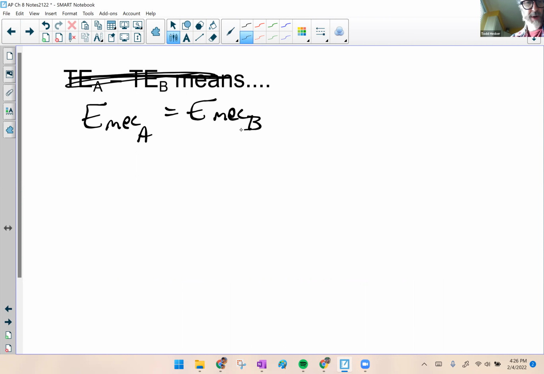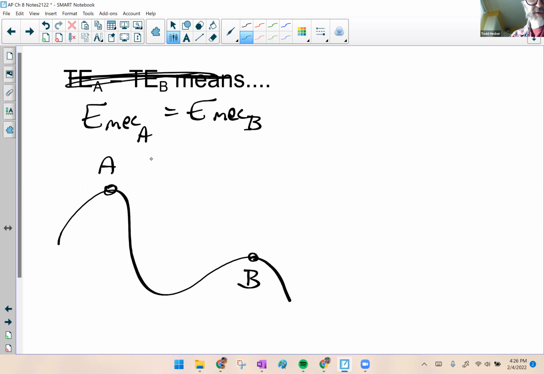They're the roller coaster problems. Suppose I've got a roller coaster, and here's point A, and here's point B. There's going to be height at point A and velocity at point A, and then height at point B and velocity at point B.